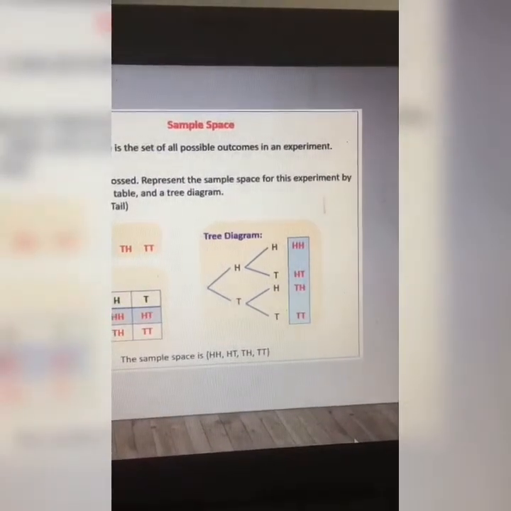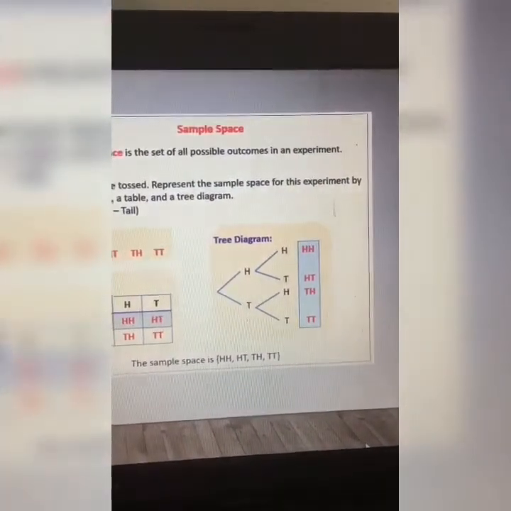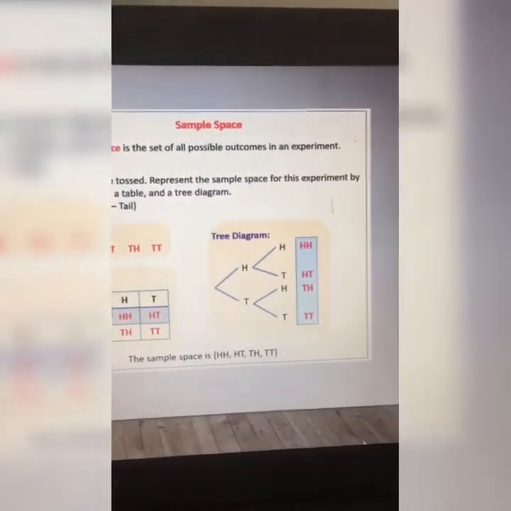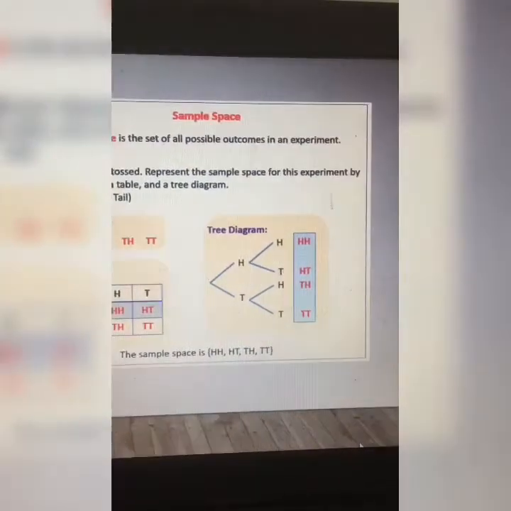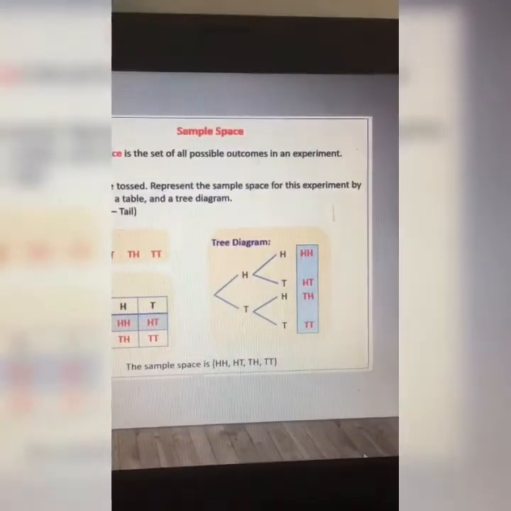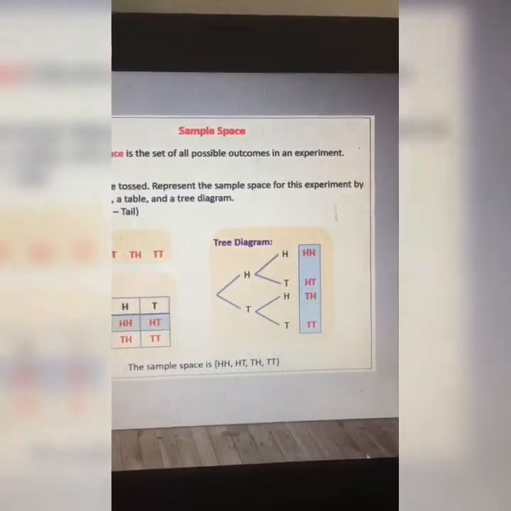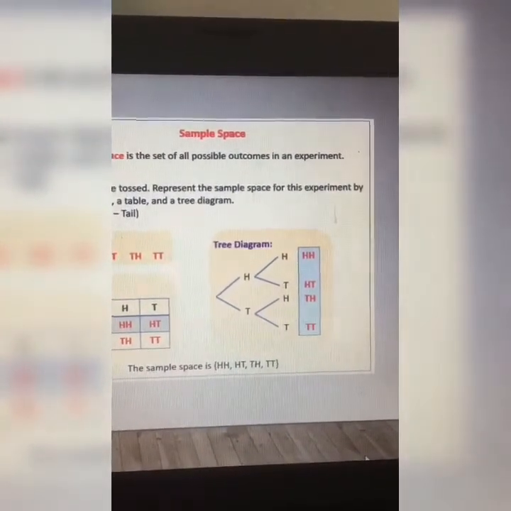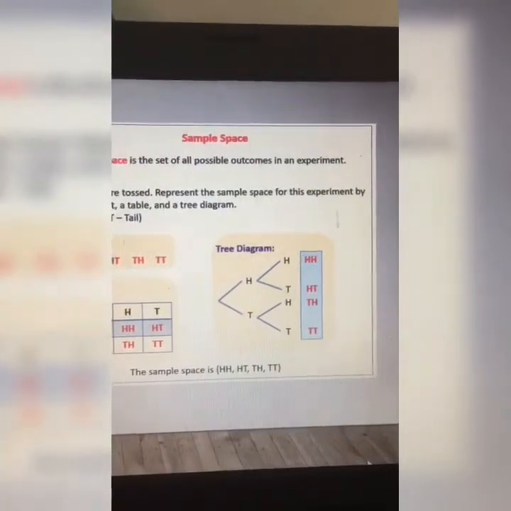Guys, if we put our sample space in a tree diagram, as you can see, for our first toss the answers are head and tails. For our second toss, it just branches out, and the answers are the same.